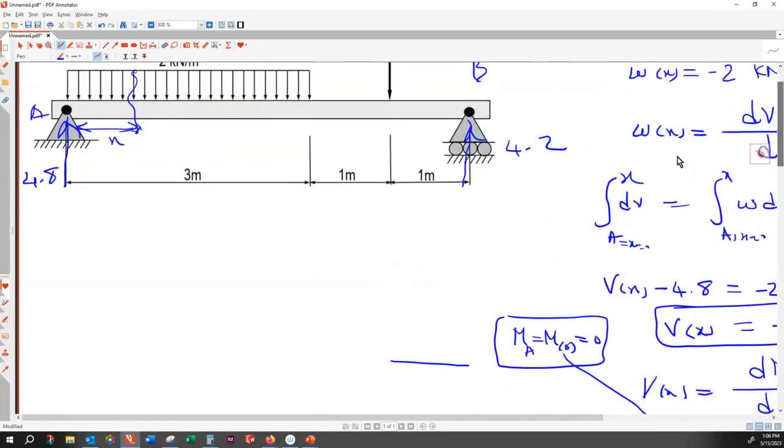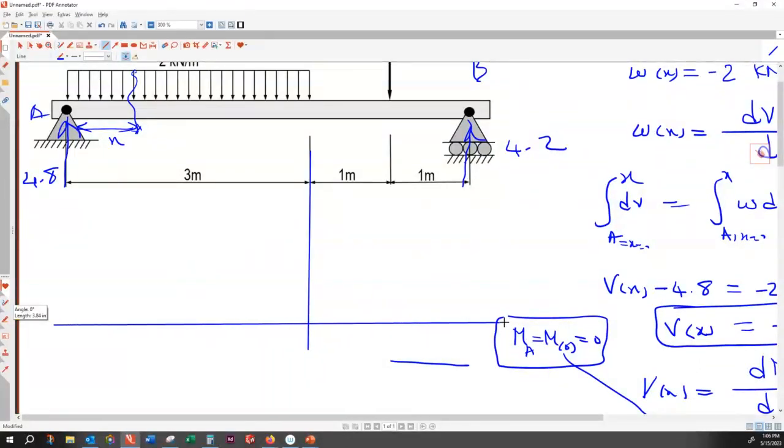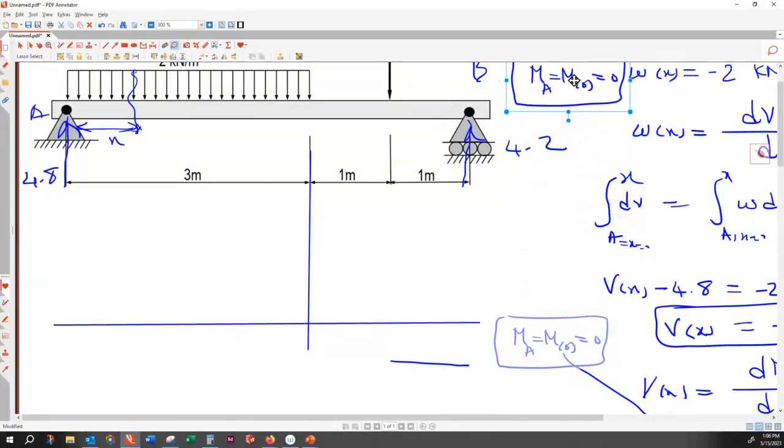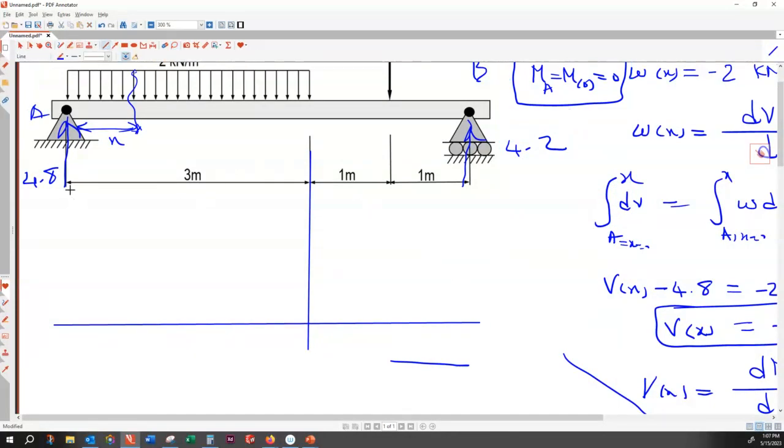The first plot which we make is for the first zone. We plot V of x.